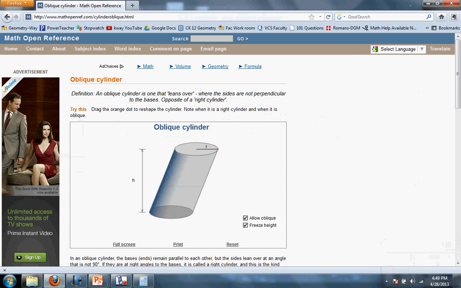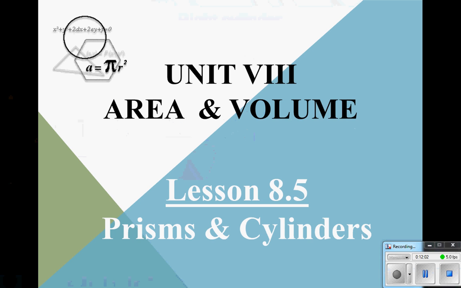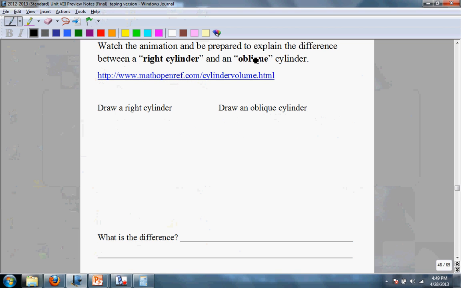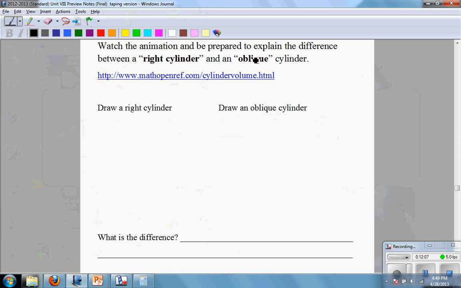So coming over here in your notes, let's draw briefly a right cylinder where the height and the base meet at a right angle. So I'm going to put a little right angle here.